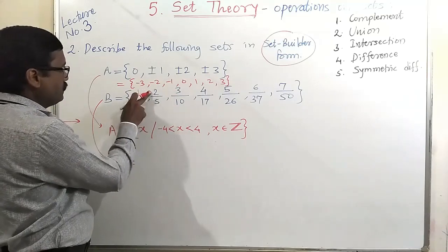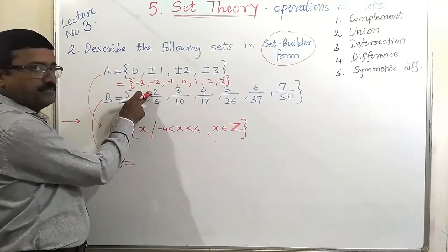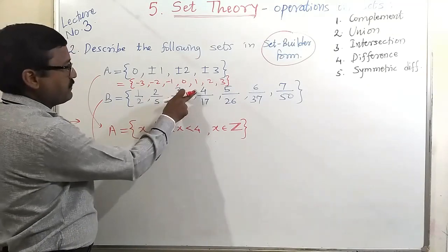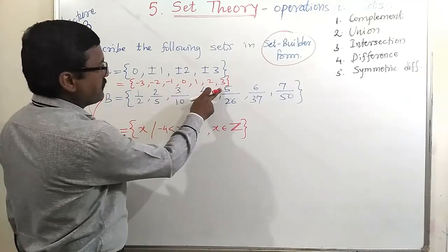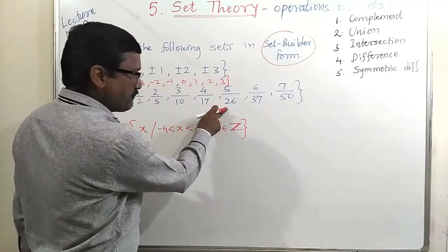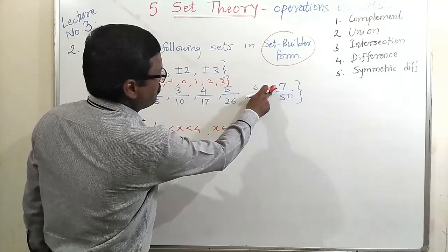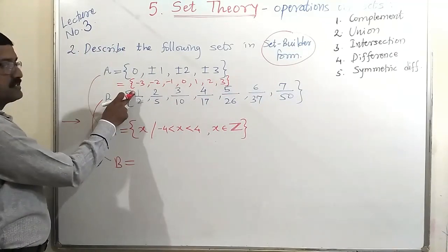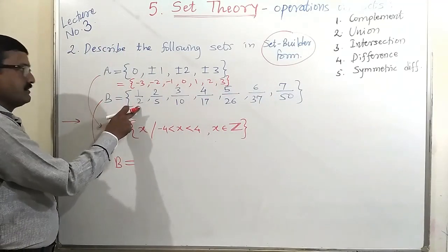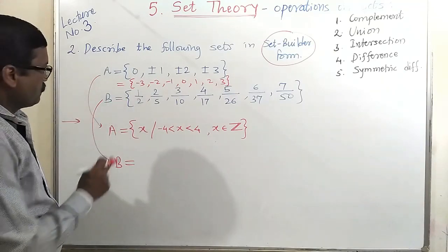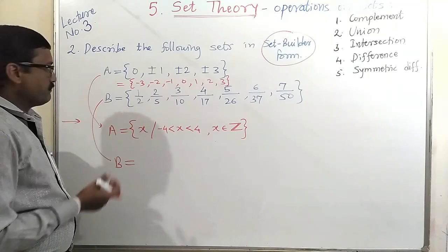If you take the square of 2, then 2 square is 4 plus 1, 5. 3 square is 9 plus 1, 10. 4 square is 16 plus 1. 5 square is 25 plus 1 is 26. 6 square 36 plus 1. 7 square 49 plus 1. Here 1 square 1 plus 1, that is 2. So every denominator is the square of the numerator plus 1.